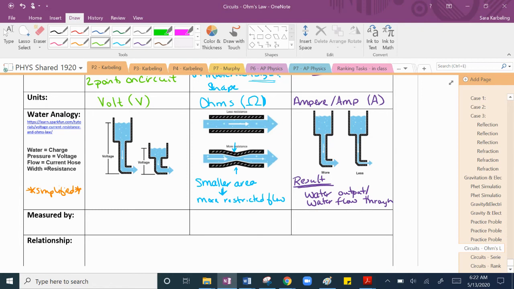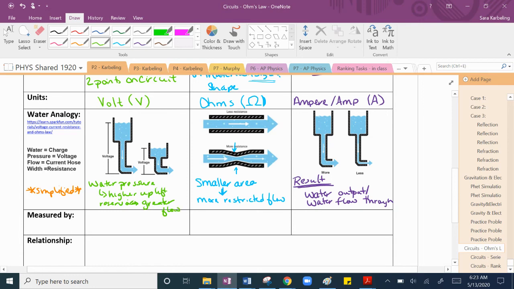So in our analogy, we've got water pressure, and that water pressure, the higher up that we lift the reservoir, the greater the flow.